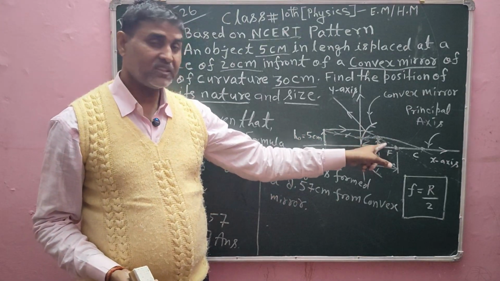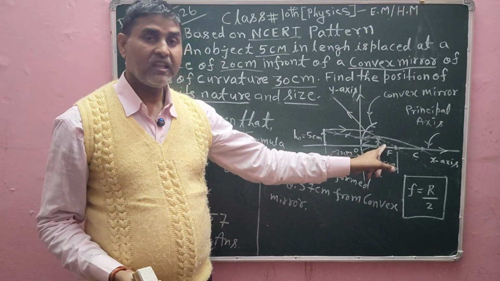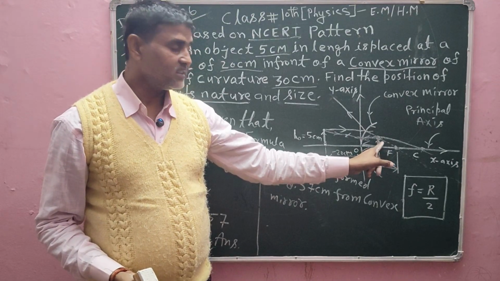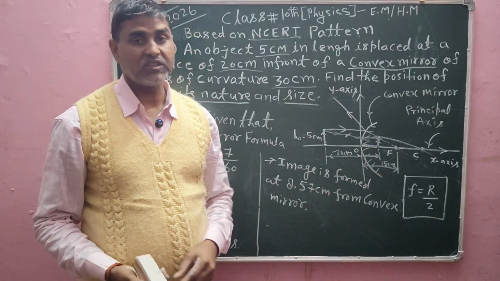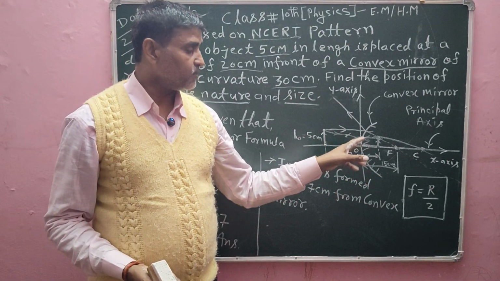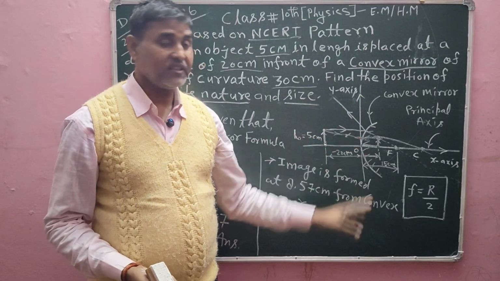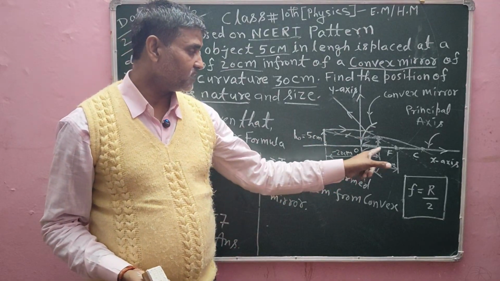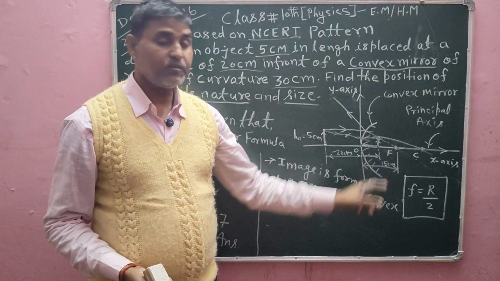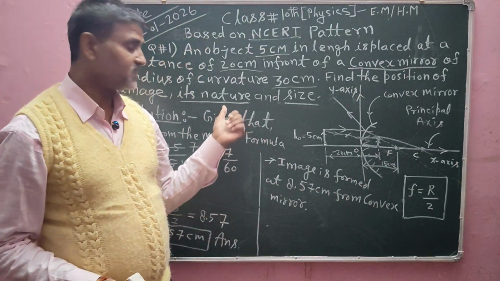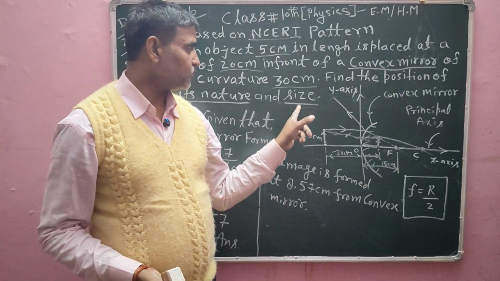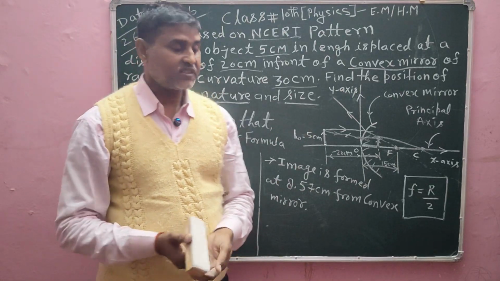It is diminished and erect, and I will also say it is behind the mirror, that is its nature. So all the information I will explain. First of all, I have to calculate the size of the image.